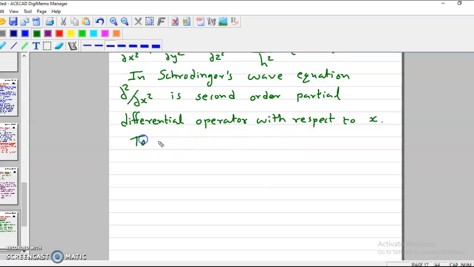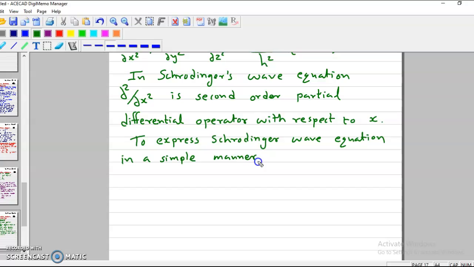Now to express Schrodinger wave equation in a simple manner, Laplacian operator is used as follows.